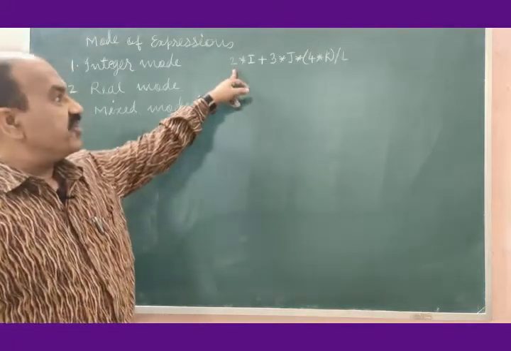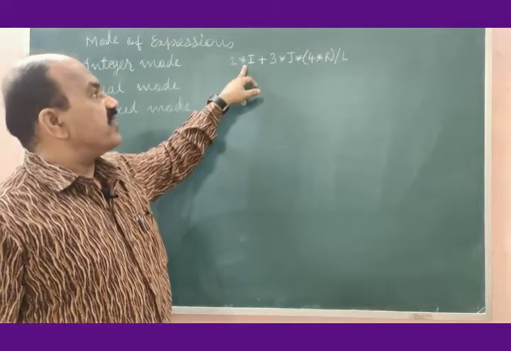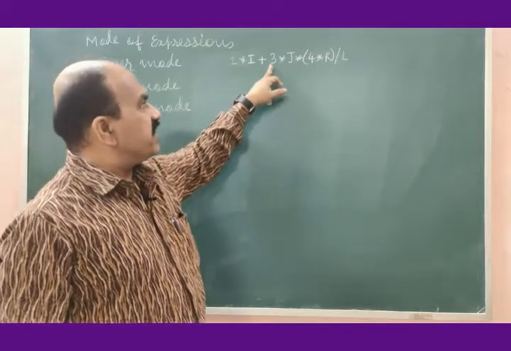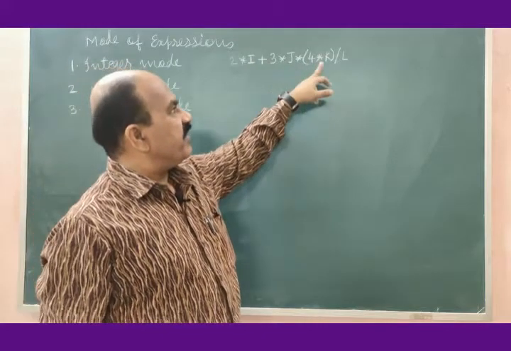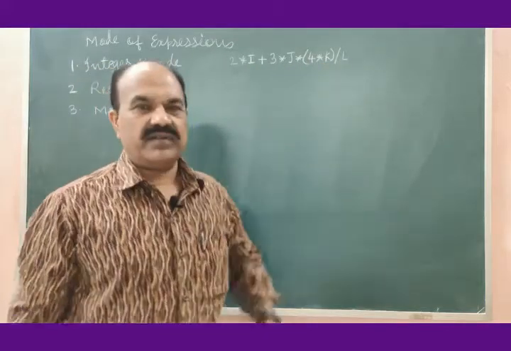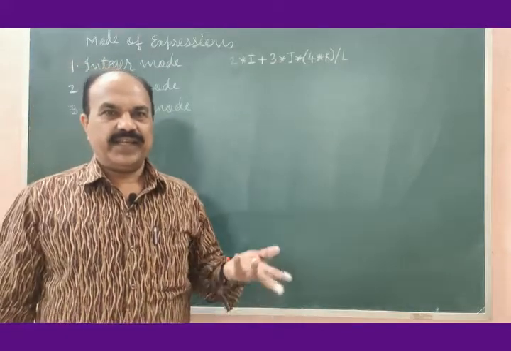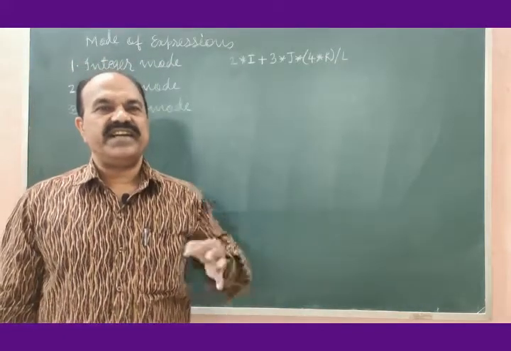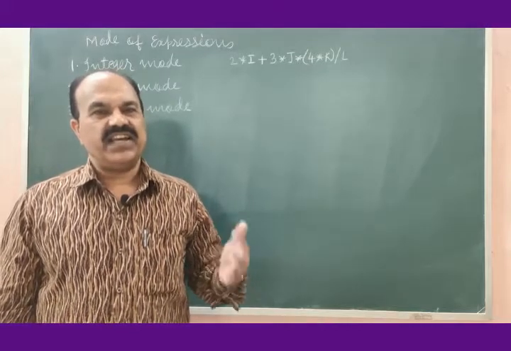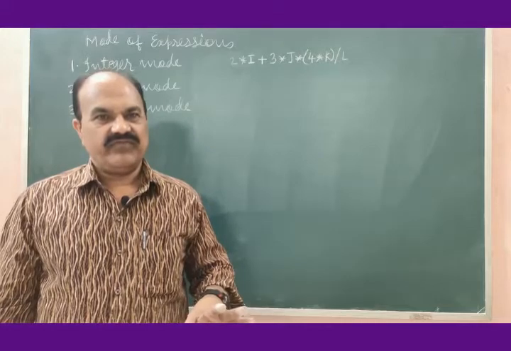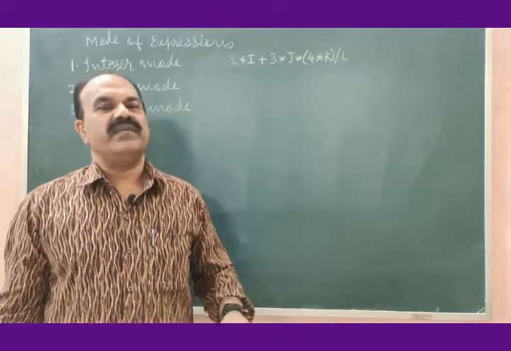2 is an integer constant, I is an integer variable. I, J, K, L, M, N: if the name of a variable starts with one of these alphabets, that will be an integer variable.